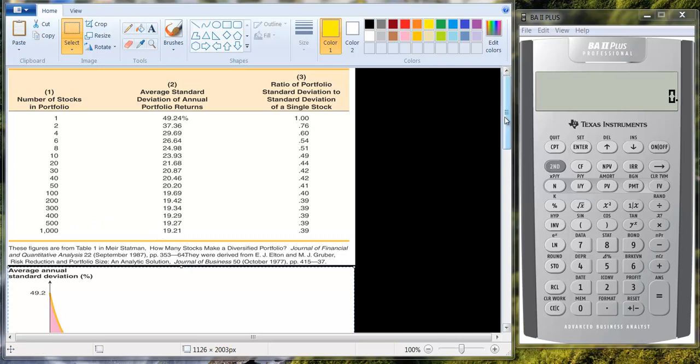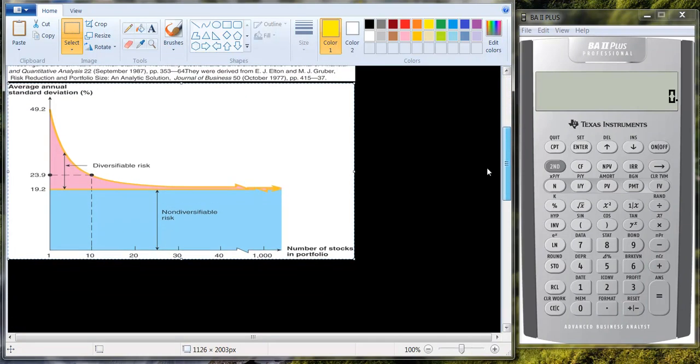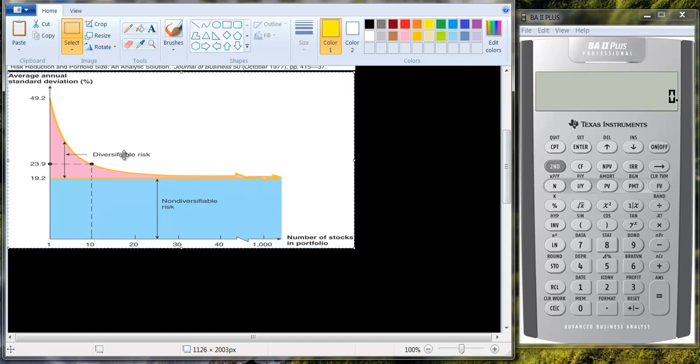Let's scroll down a little bit, and you can see that basically you get a graph that looks like this. As you increase the number of securities in your portfolio, the risk of the portfolio goes down, but it stops going down after a certain amount. It doesn't get any lower.